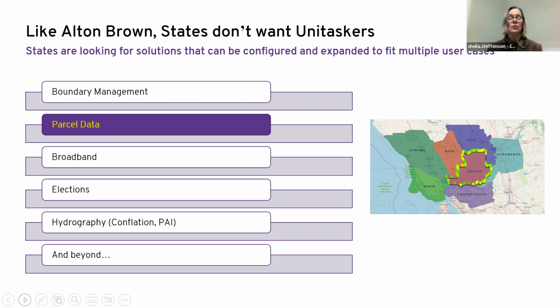And by tweaking the rules to fit those particular layers, you can use a very similar pattern and again, expand to cover all of these different types of data. So definitely not a unitasker, even though we will focus in on parcel data today, like I said, because it is such an important layer in our data foundation. So now I'm going to pass it over to Melissa and let her pick up from here.